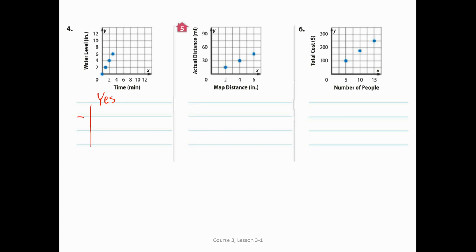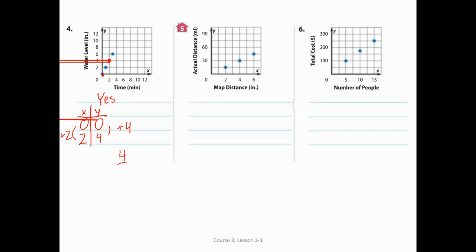Now go and find the rate of change. You're going to need to make an XY table and list those points, like x is 0, y is 0. That's this dot. And I like to use the ones that are on grid lines, so I'm going to put 2 and 4 here. So find the rate of change. You should have seen that it was adding 4 here and adding 2 here.